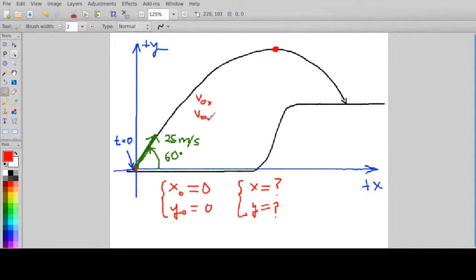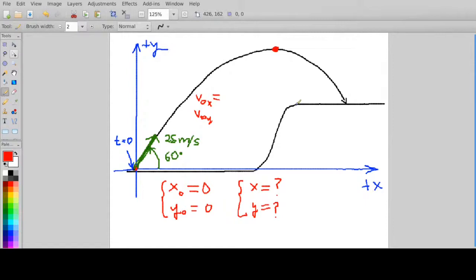I'll draw them in a minute to show you what they mean. v naught x is the x component of the initial velocity, and v naught y is the y component. When I showed you this in the lecture on polar, I did r cosine theta, where r was the magnitude. I was implicitly thinking of the vector as a position vector, but it applies just as well to a velocity vector.